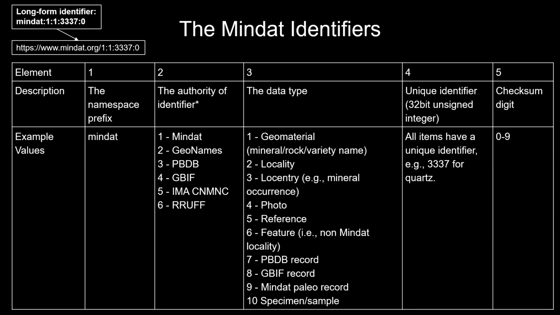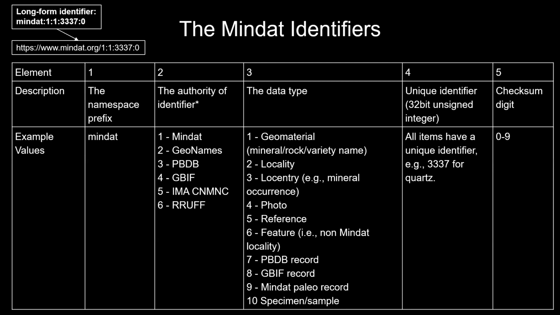They have codes for different data subjects, and also a unique identifier for each record. So here, for example, it is mindat, then colon 1, colon 1, colon 337, colon 0. Each code has a meaning, as you can see in this table.